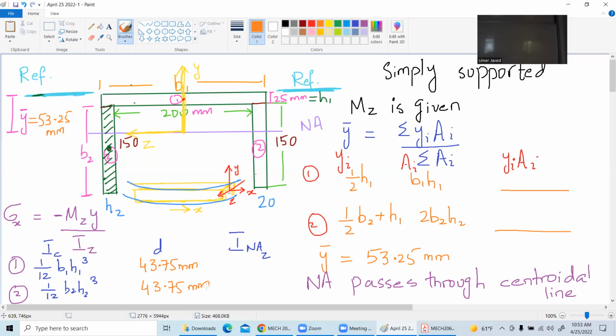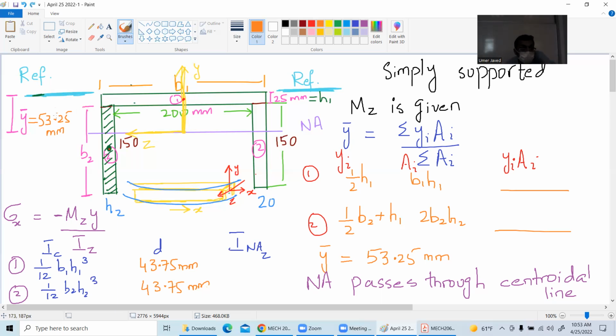For the individual rectangle, I have got 1/12 bh cube, but then I have to add that little A d square, because at the end of the day, moment of inertia of every bit will be about the neutral axis. Why on earth am I trying to find the moment of inertia about its own axis? The little rectangle has no value for me. The value is about the neutral axis, which is this one.